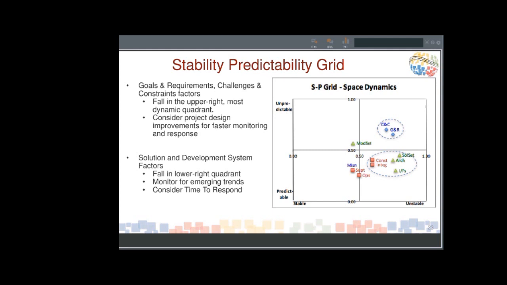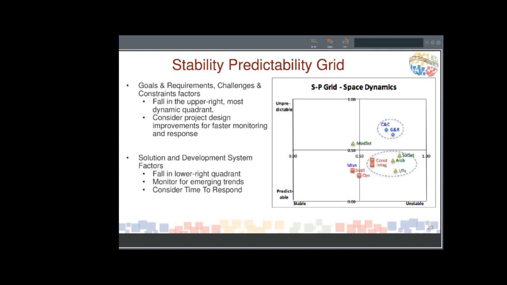So these points are highlighted with the factors that came out of those observation spaces. Down here in the lower right, you see solution set, architecture, IF is interfaces. The red squares over there, the construction environment came out of the product development space and the integration environment.